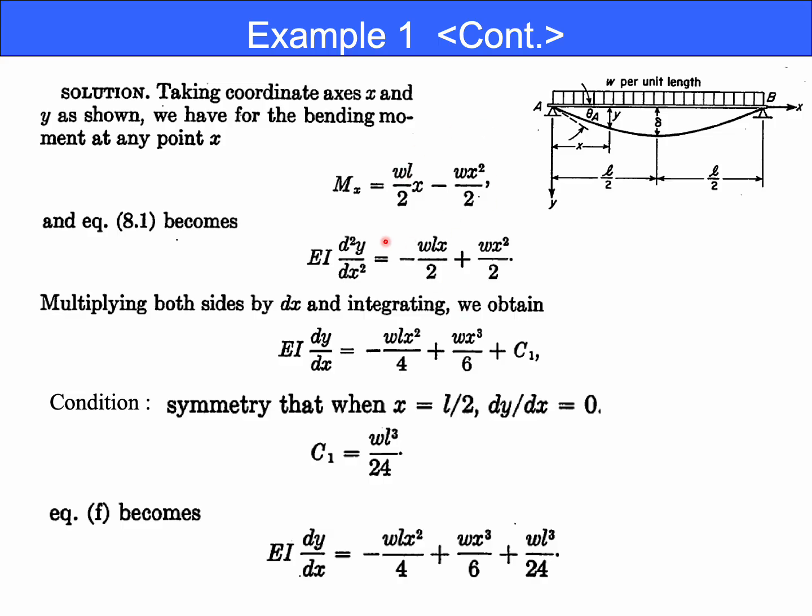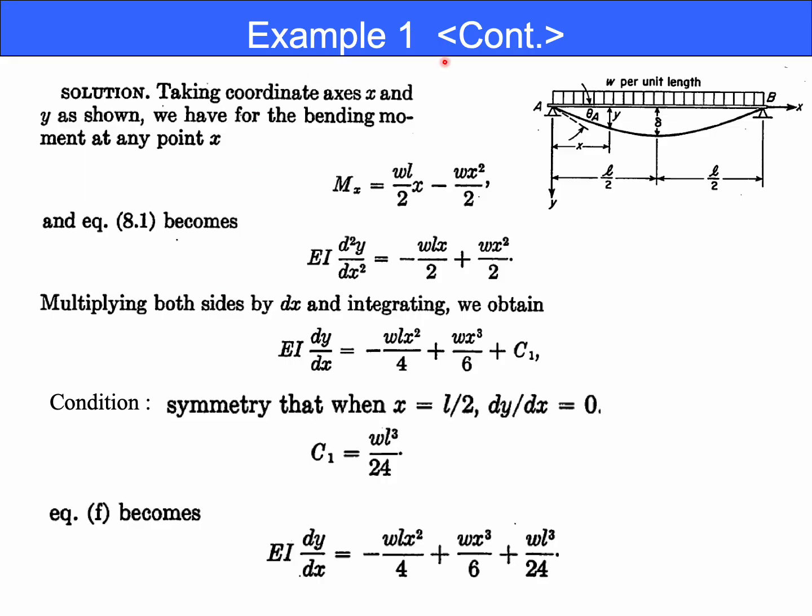You need a minus sign on the right-hand side to have this. By integrating both sides with respect to x once, we obtain this expression with the integration constant C1. And C1 should be determined by considering some geometrical condition.